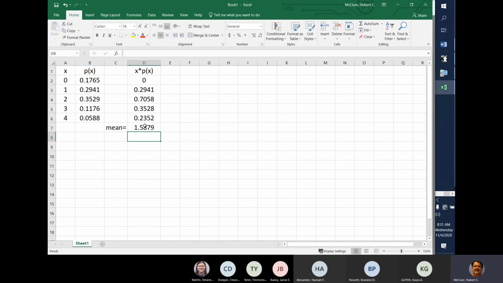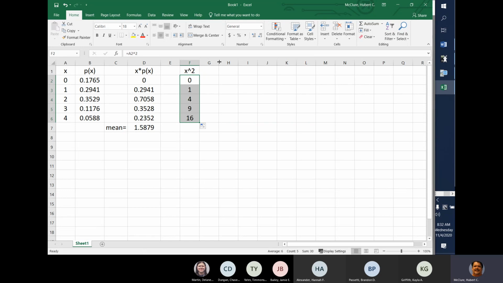All right. So that's equal to 1.5879. And now I'm going to do x squared. That's going to equal this number raised to the second power, and I'm going to copy that down.